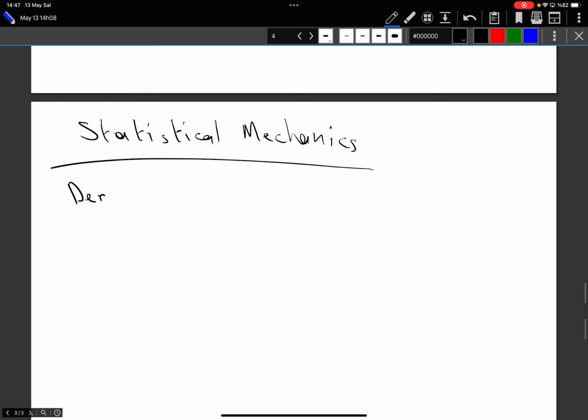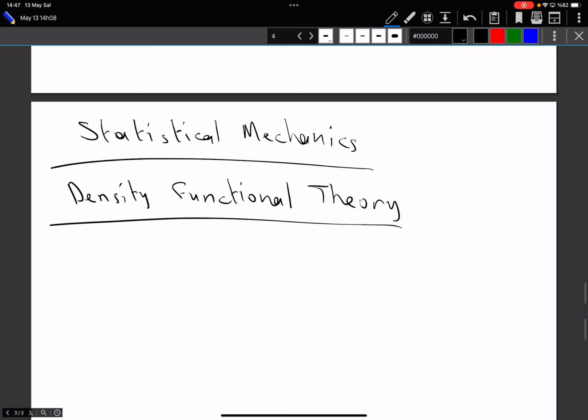One is the so-called density functional theory. Well, this is especially used to study molecules. If you would like to use statistical mechanics, you need a huge number of particles, much more than what you have in actual molecules. So that's where density functional theory also comes into the game.